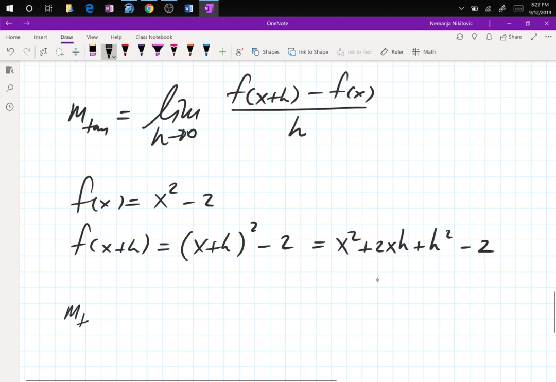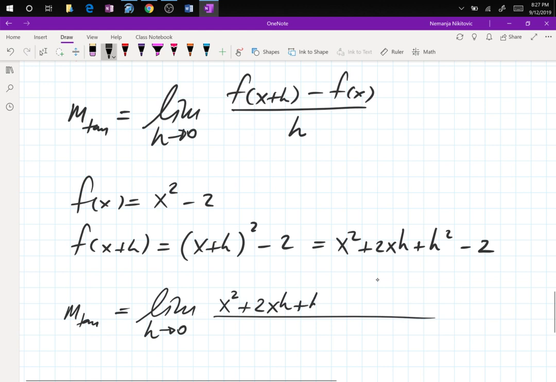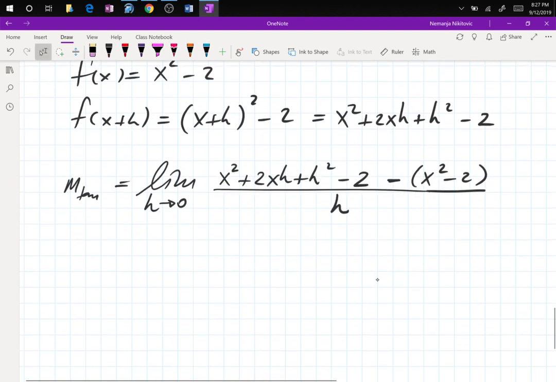So m tangent is going to be given by the limit h goes to 0. Now I have my f of x plus h as x squared plus 2xh plus h squared minus 2, minus the x squared minus 2 original function, divided by h.